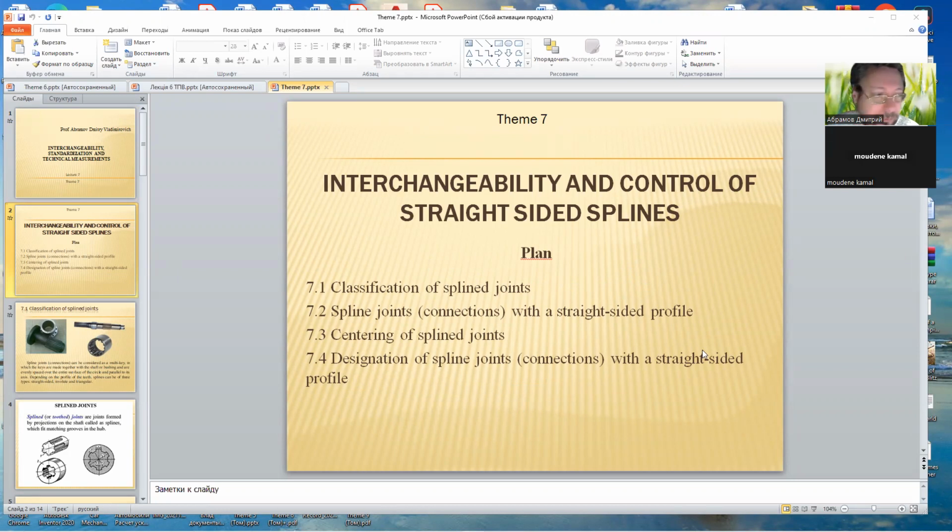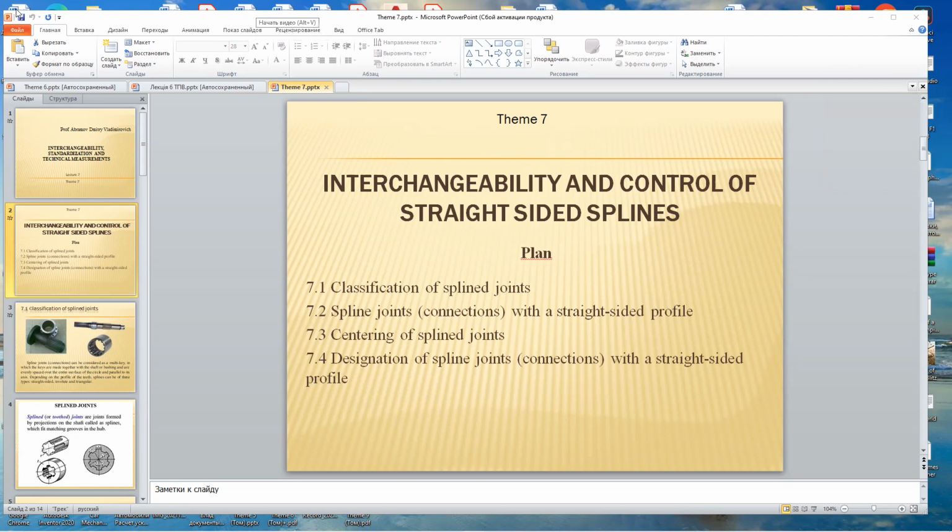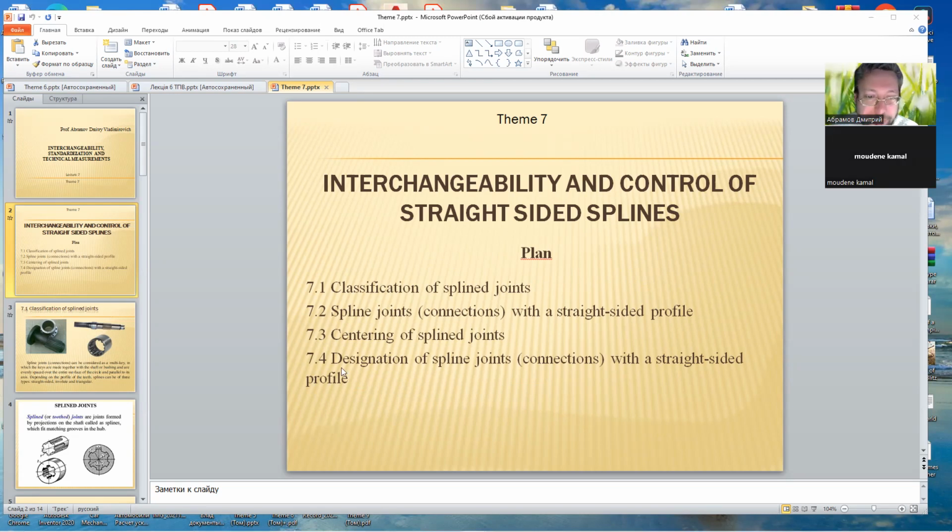Please write down to your notes the plan of our lecture. 7.1 Classification of splined joints. 7.2 Spline joints connections with a straight-sided profile. 7.3 Centering of splined joints.